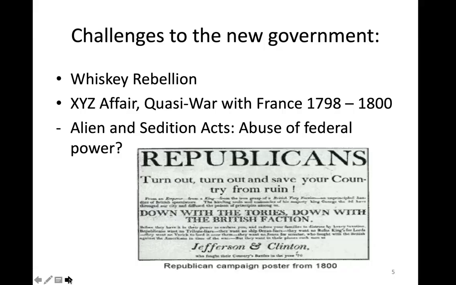So what they did is pass the infamous Alien and Sedition Acts. And the Alien Act basically said this: any foreigner or alien who protested the war would be deported. And the Sedition Act was this.